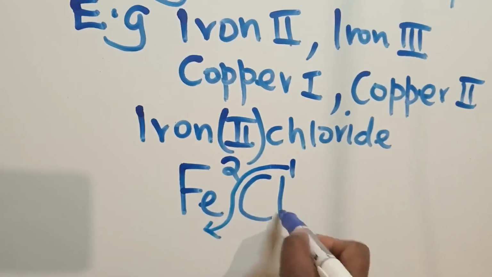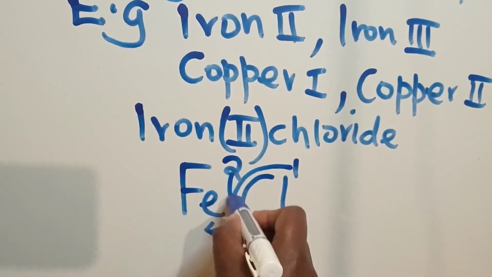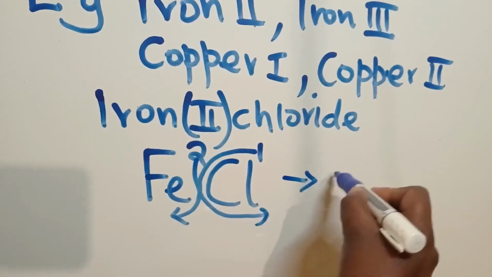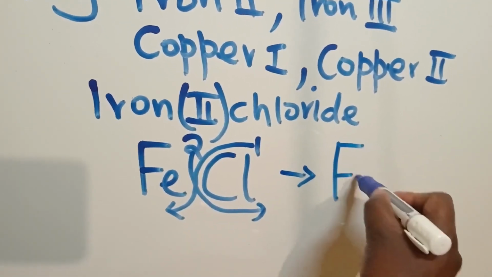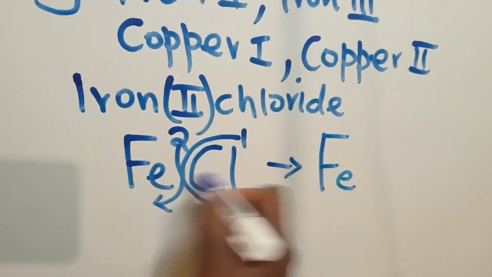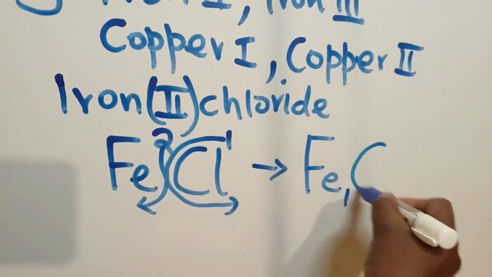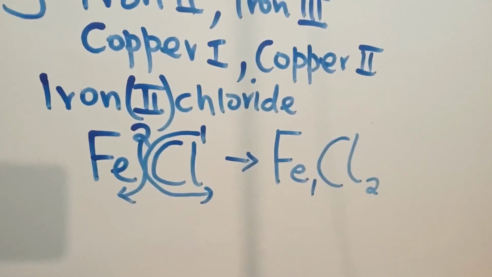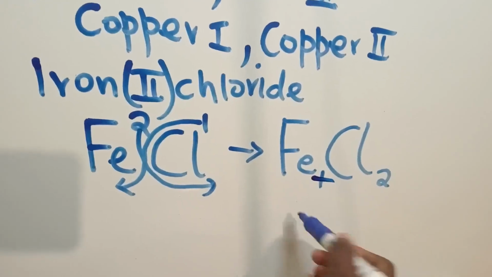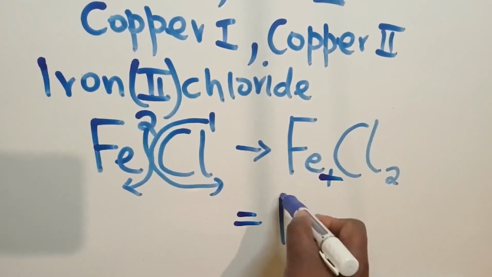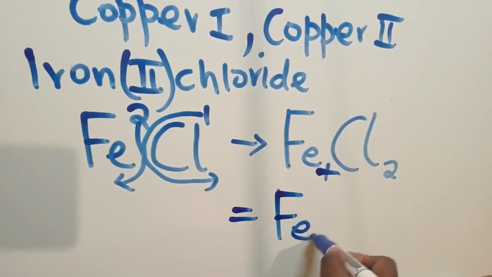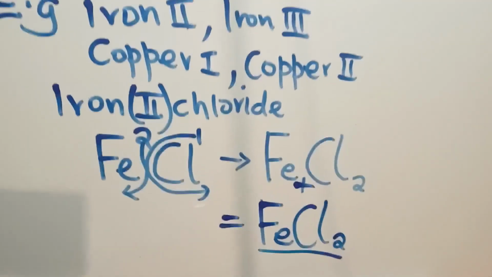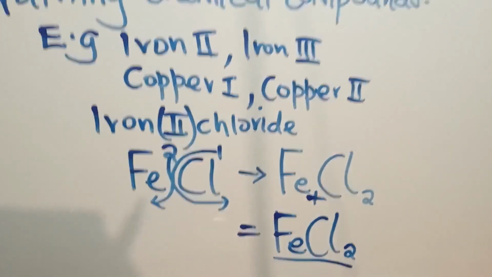This 1 that was for chlorine goes to iron, and this 2 that was for iron goes to chlorine. Then anywhere you see a 1, you ignore it, and then you end up with capital F, small e, Cl, and a 2.